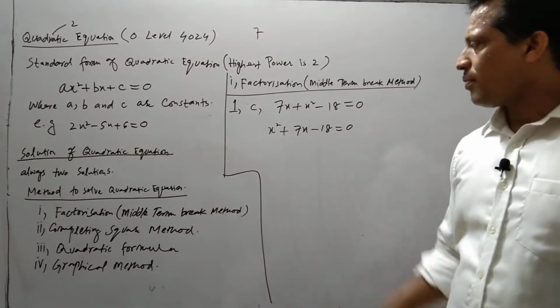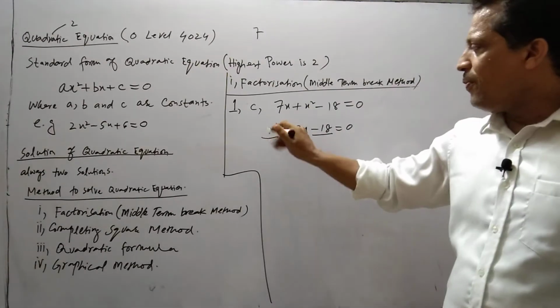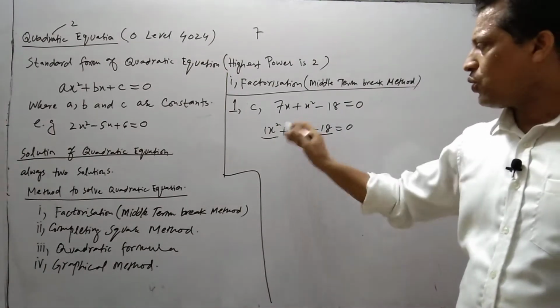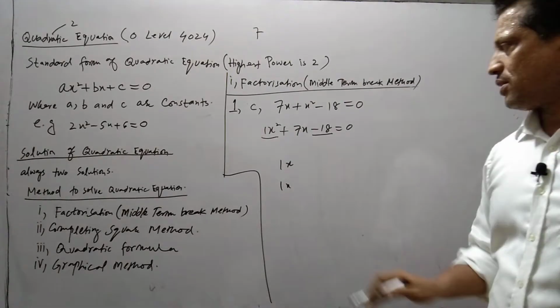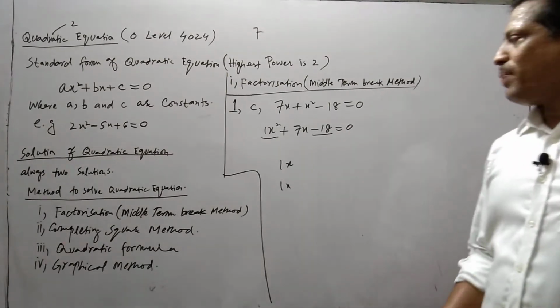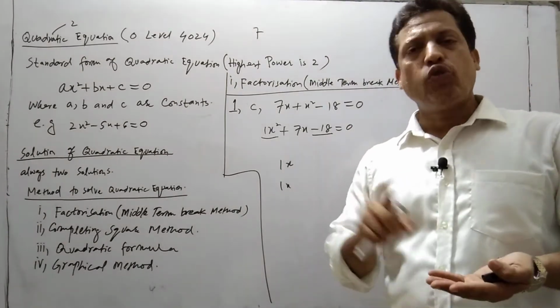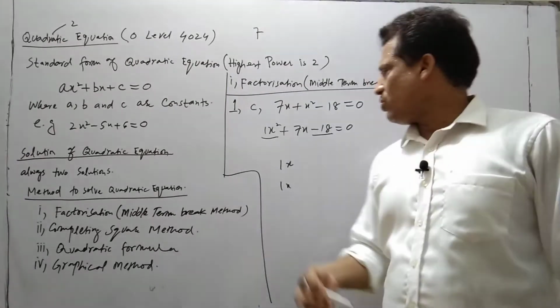Now again, take the first number, take the last number. This is 1x square, so you can break it into x and x. Now break this 18. You can break 18 into 2 into 9, or 9 into 2, as you like.